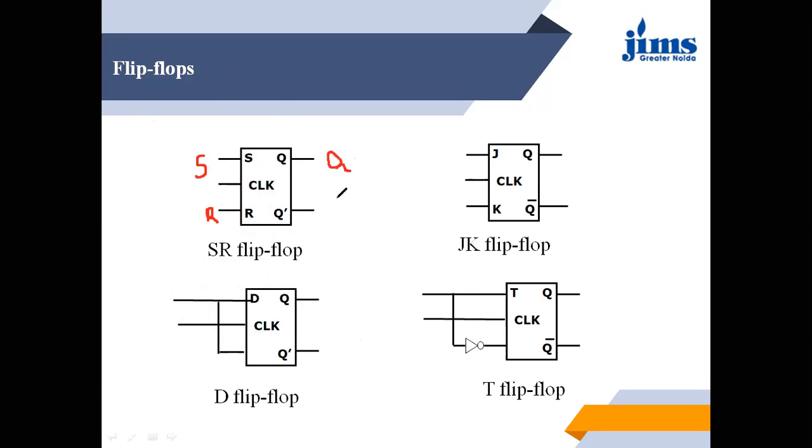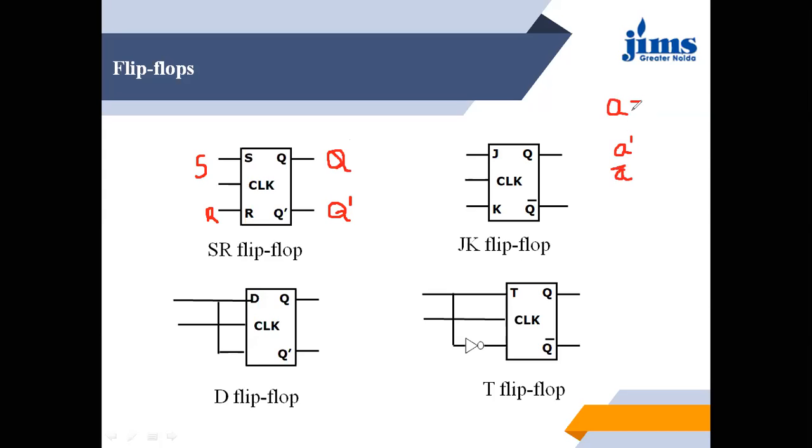It is represented by Q dash so that it is easy to understand that this is the complement of Q. And we know that the complement of a number, suppose this is a number A, is represented by A bar.